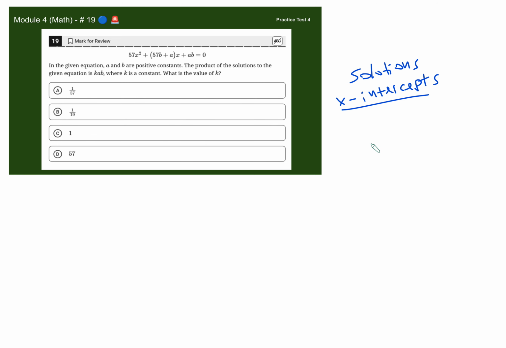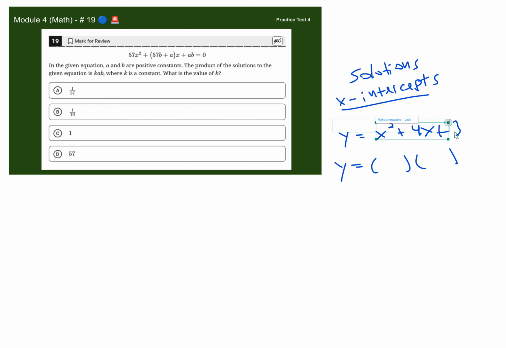Think about when you have a quadratic equation, like one that's written like this. I'll just make it up: y equals x squared plus, I don't know, 4x plus 3. That's completely made up. But these can be factored, right? You can factor these if it was designed well, and let's pretend I designed it well.